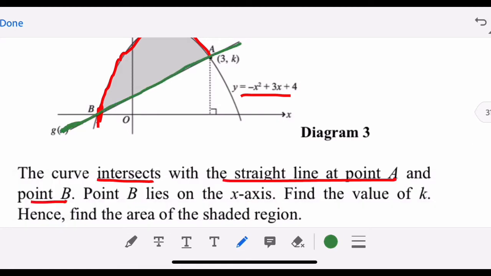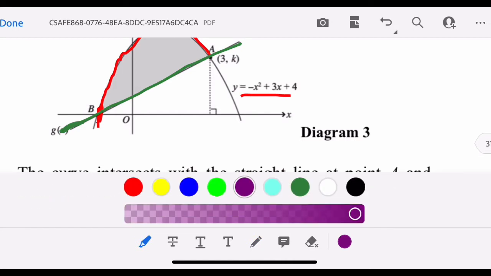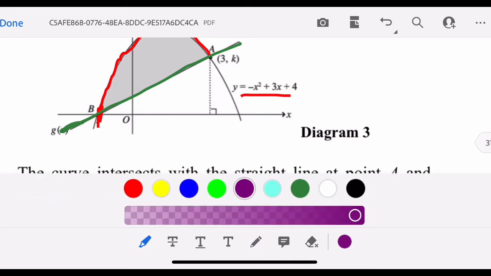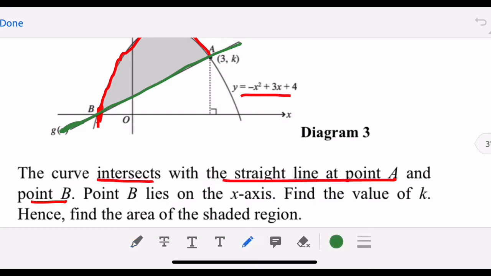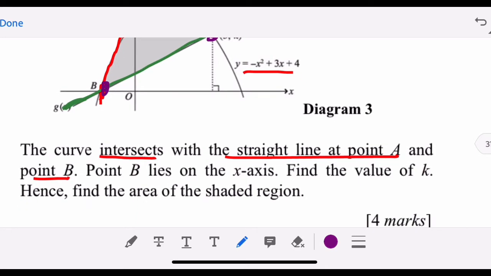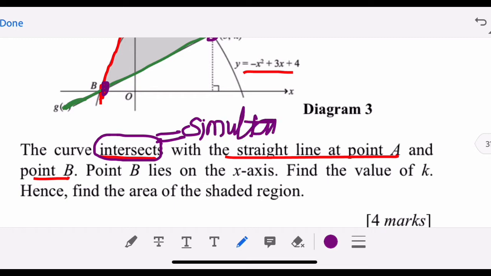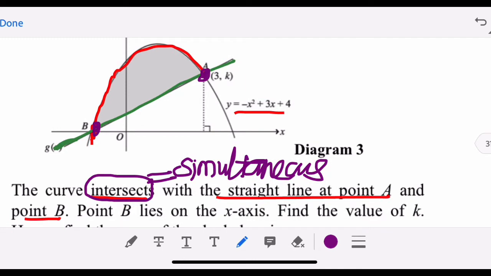The points of intersection were given: point A here, and let me circle with purple color, and B. When you see intersection in mathematics, it means simultaneous, so you have to substitute the two equations.